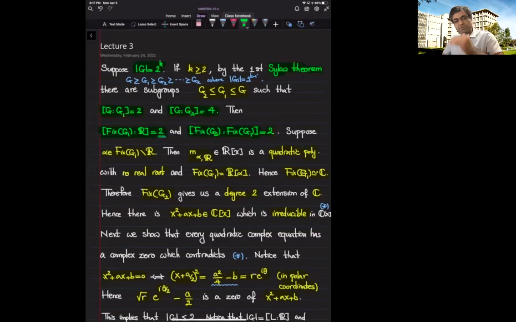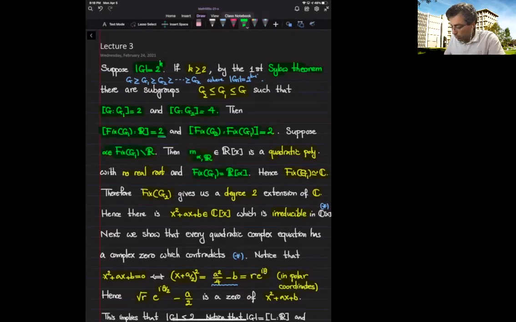Because the fixed points of G1 is a degree 2 extension of the real numbers, every alpha that's not inside the real numbers and inside this field is enough to generate the entire field. That means that the fixed field of G1 is just R[alpha]. And moreover, the minimal polynomial of alpha is of degree 2.